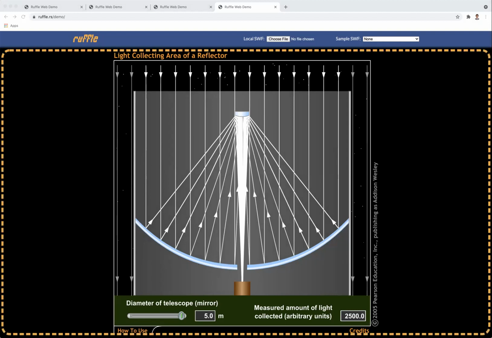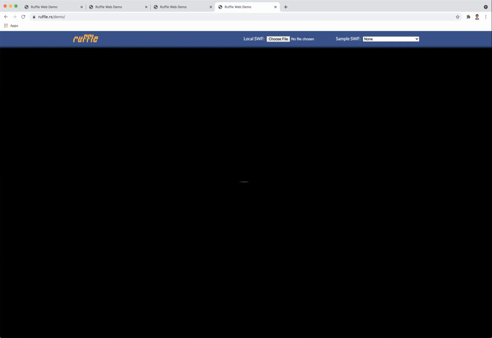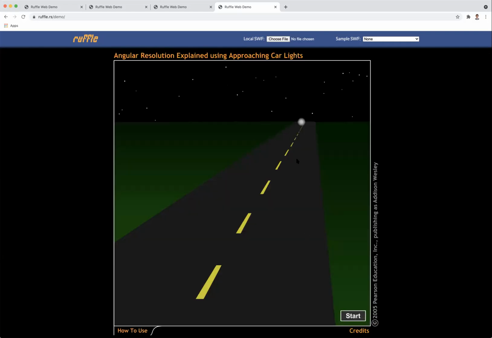So here would be a very good example of what we're talking about. If you're looking at this light right there, you really don't know if this is one source of light or two separate sources of light, because you do not have the angular resolution to resolve this. Your eyes cannot understand that.